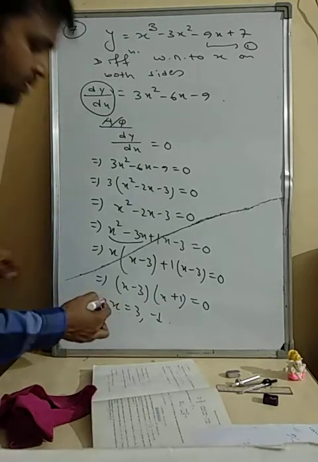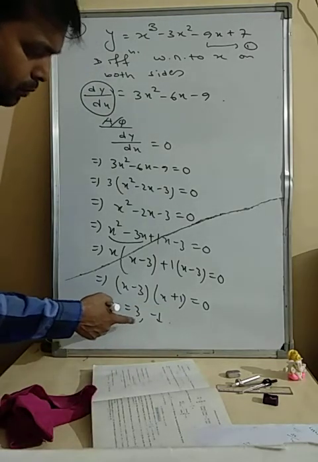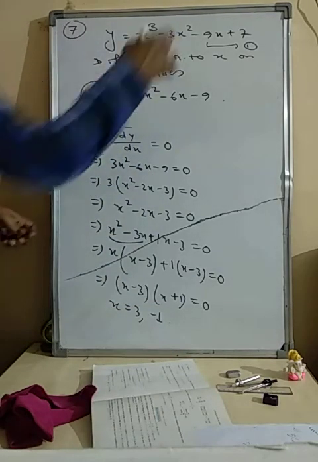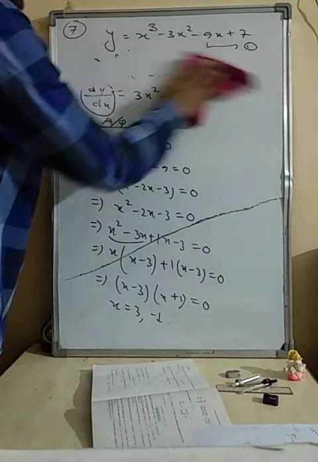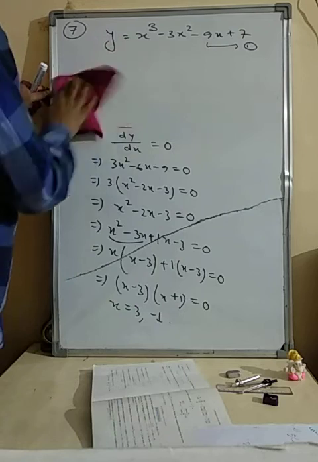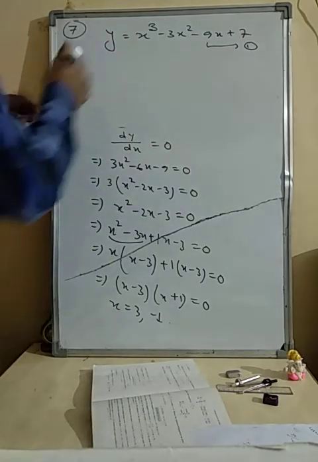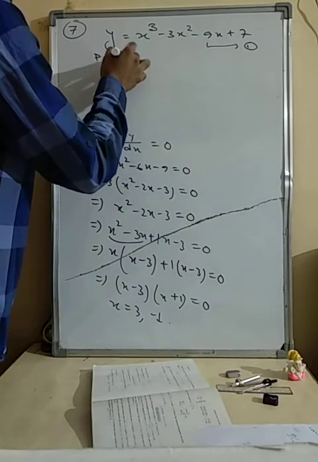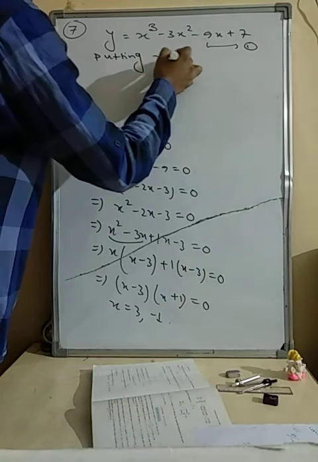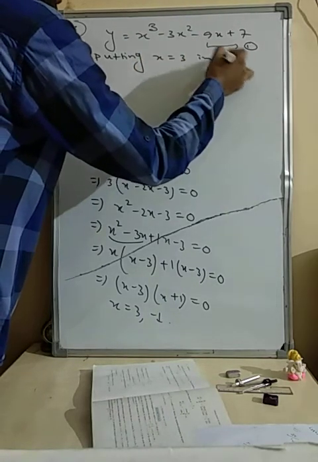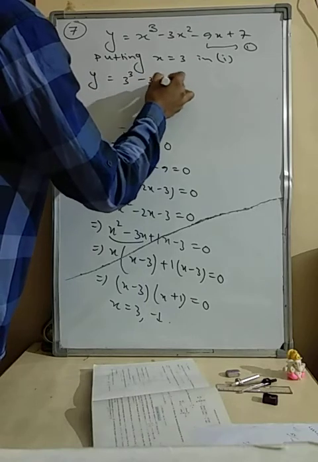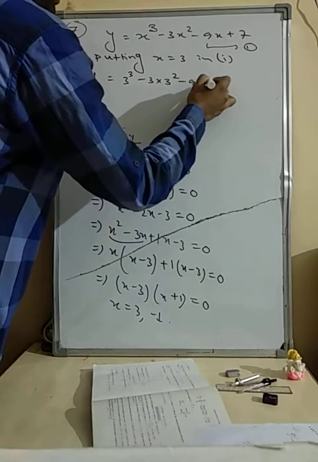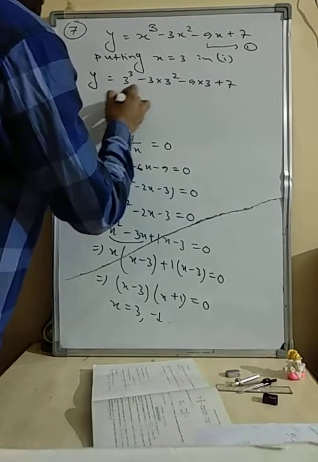So these are the values of x. Now if I put x equal to 3 here, I will get the value of y. So you have to find that point's coordinates. Write: putting x equal to 3 in 1, it will be y equals 3 cube minus 3 into 3 square minus 9 into 3 plus 7.